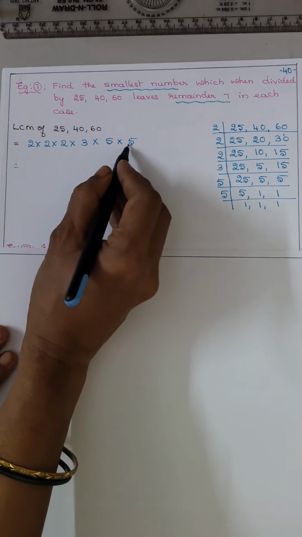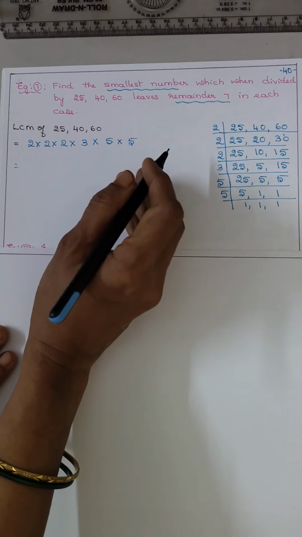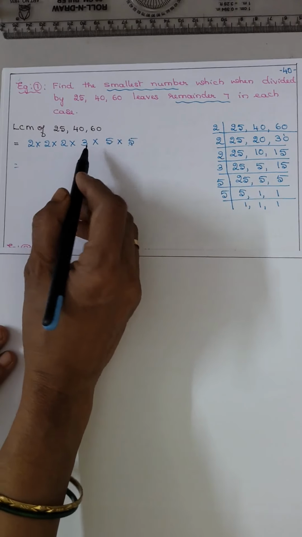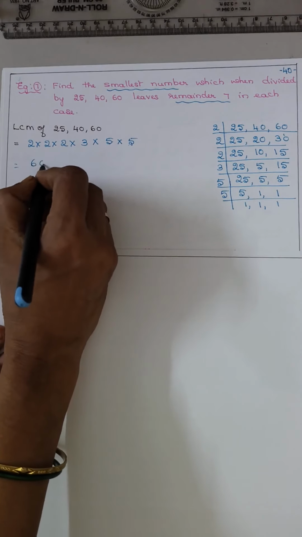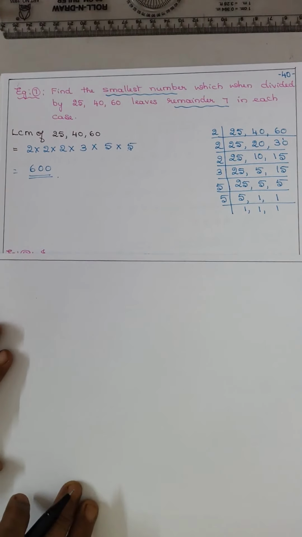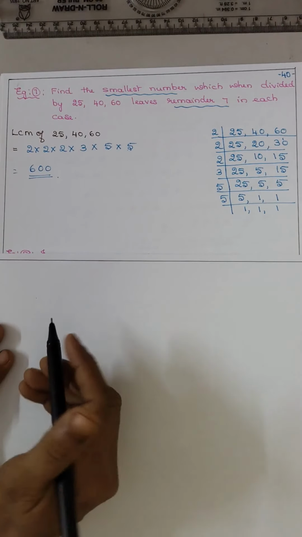Means 2 5s are 10, 2 5s are 10. 10 10s are 100. So you got 100. Now 2 3s are 6 into 100, 600. Is it okay?